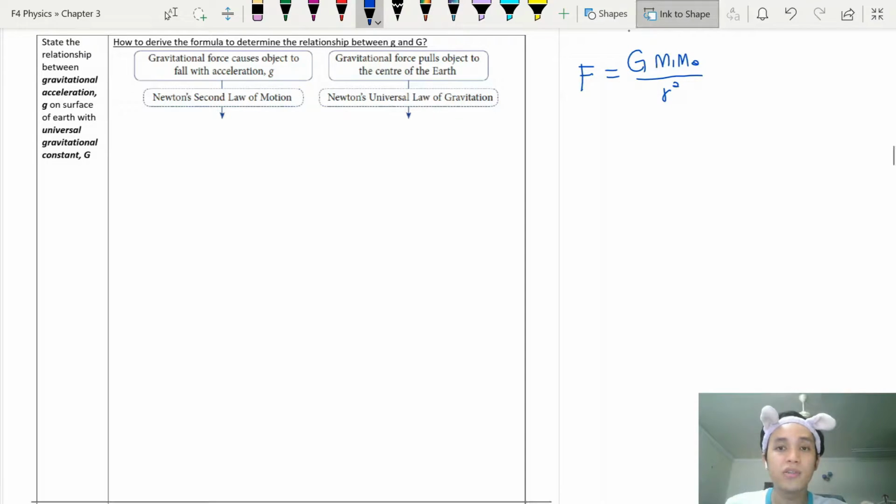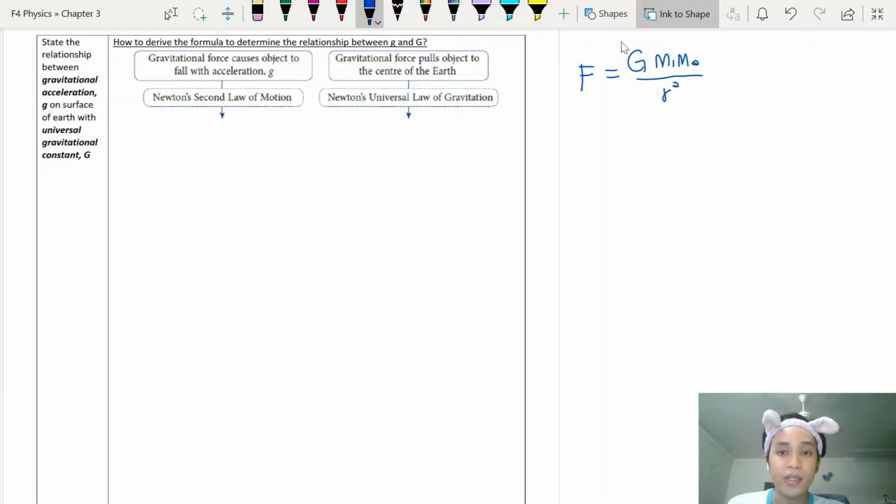Your gravitational constant here is fixed. It doesn't matter where throughout the universe, the gravitational constant is fixed. So if you want to calculate the gravitational force of the sun or of the moon, the G value will always be the same. That is the first thing that you learn about gravitational force.